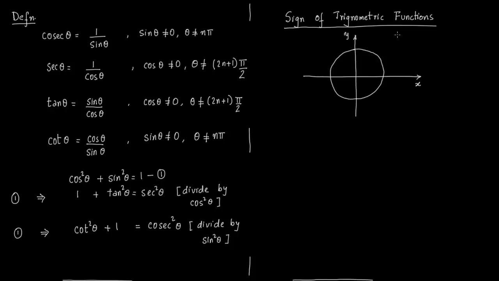So now you pick a point P in the first quadrant. We have 4 quadrants: 1, 2, 3, and 4, I have labeled the quadrants. Now pick up a point P in the first quadrant. That's what we are going to do.